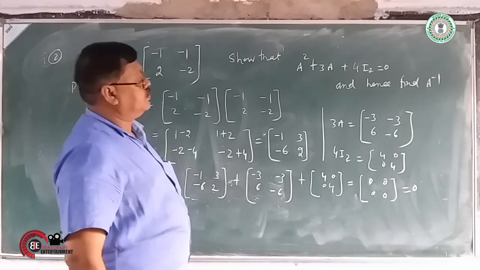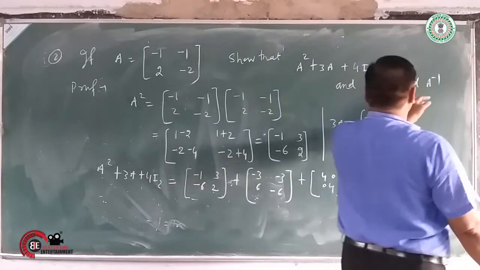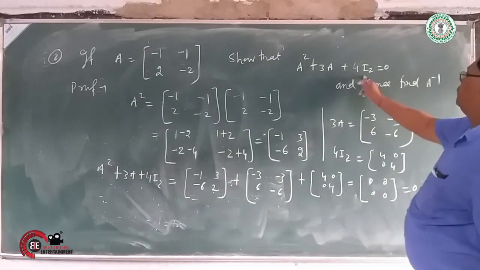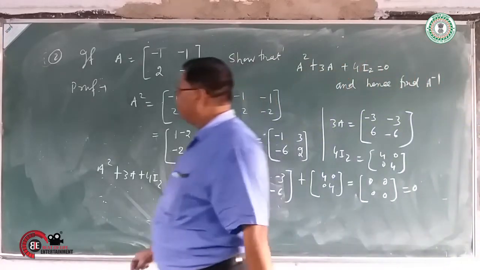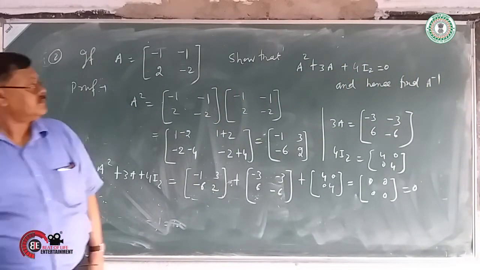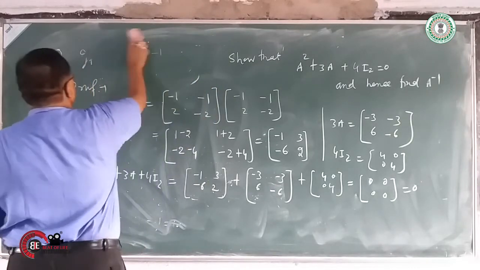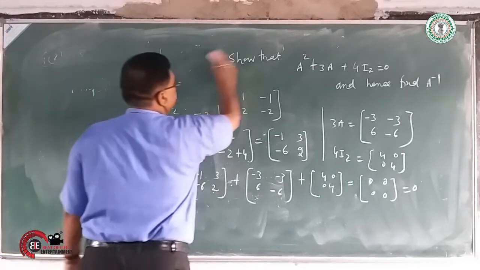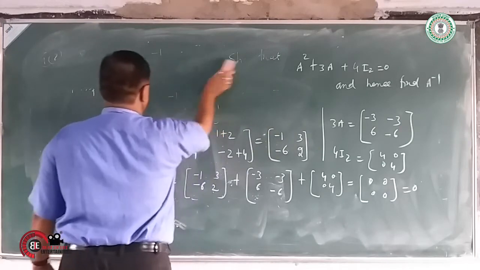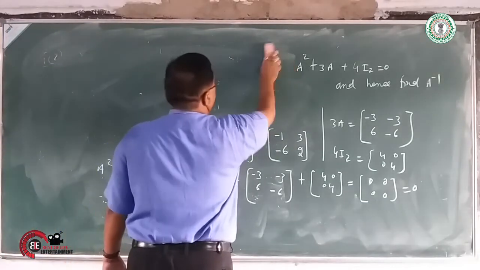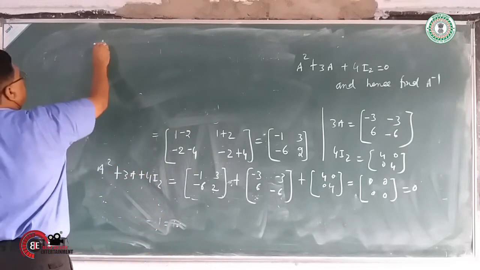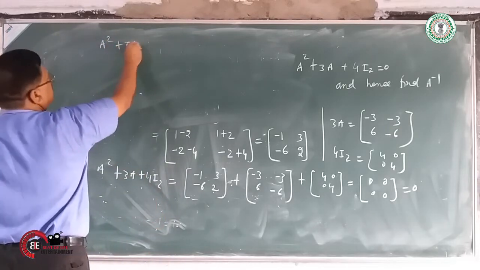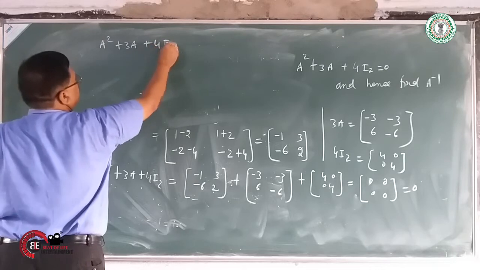Now hence find A inverse. First part is proved. Now we proceed for the second part, we will do it in this way. First of all, A square plus 3A plus 4I2 equals 0.